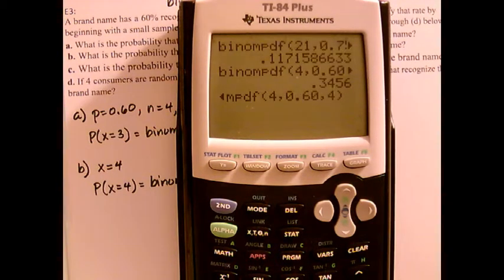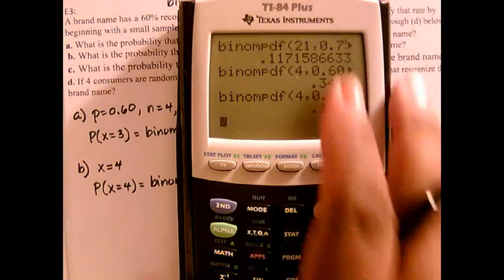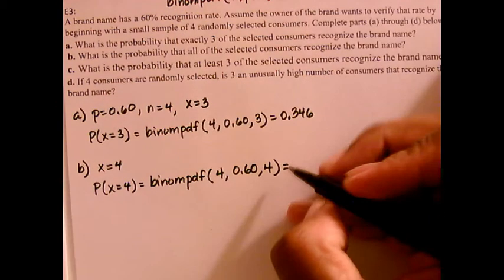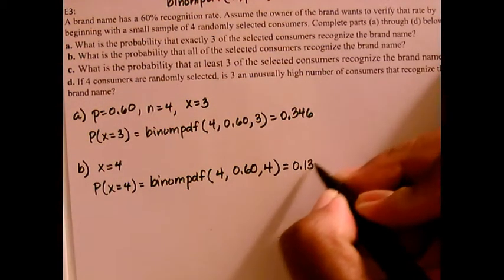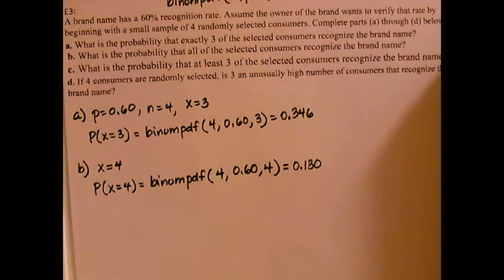And then highlight paste, pressing enter, and then press enter again. To 3 decimal places, it will be 0.130. So the probability that all the selected consumers recognize the brand name would be 0.130.